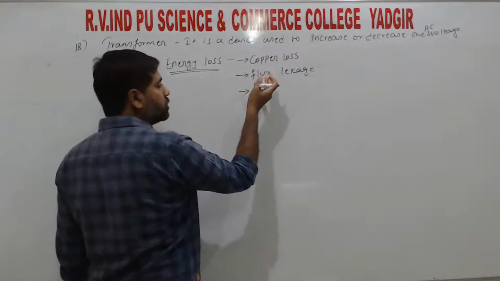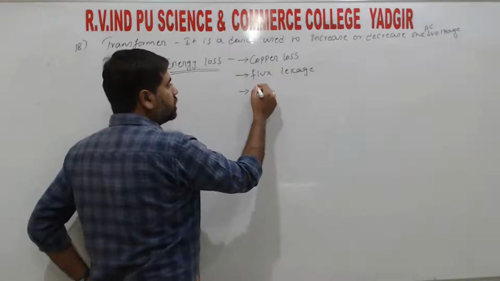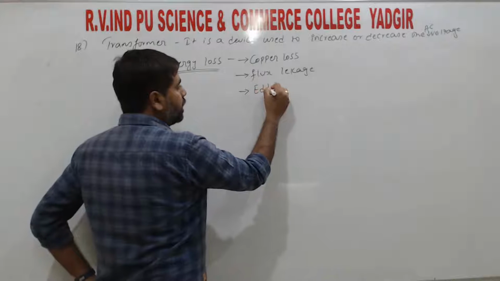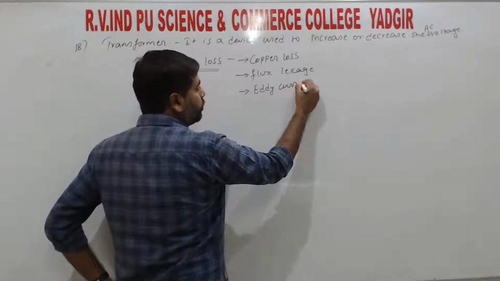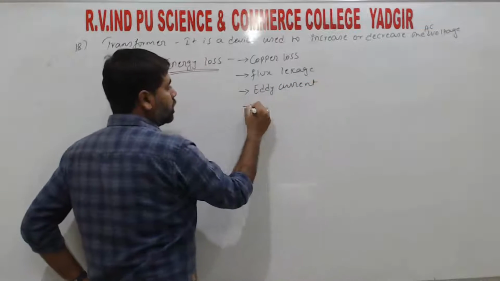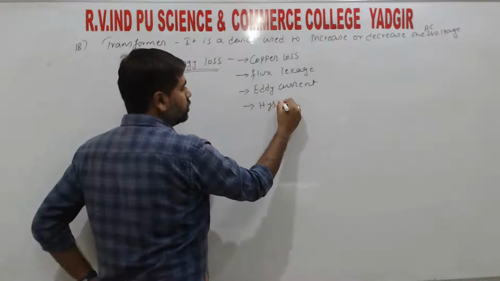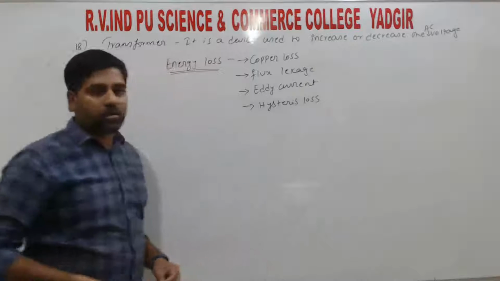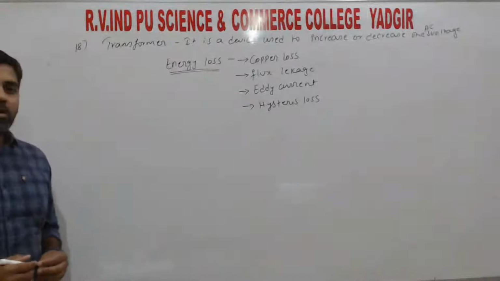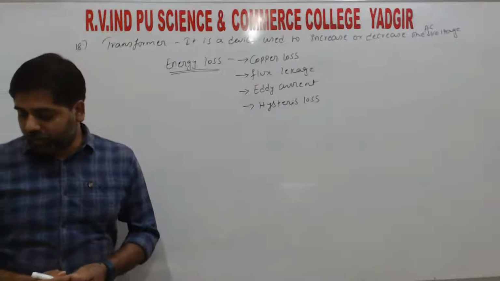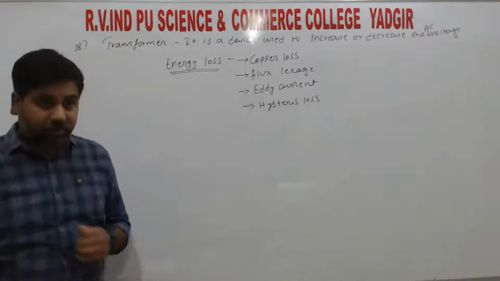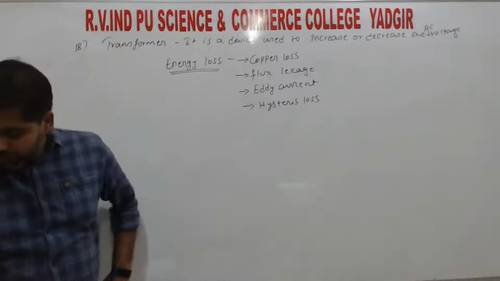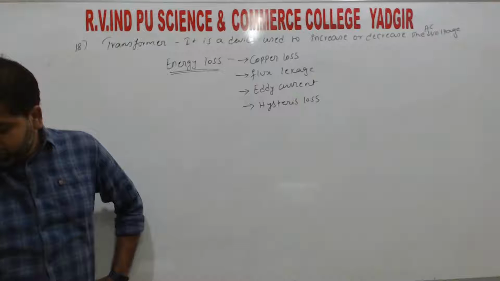So copper loss, flux leakage, then eddy current, and the last one is hysteresis loss. These are the reasons for the losses in the transformer. That is the sources. Move on to the next question.